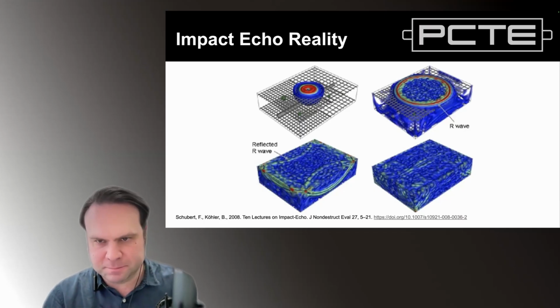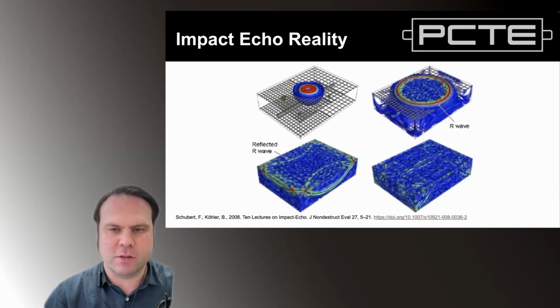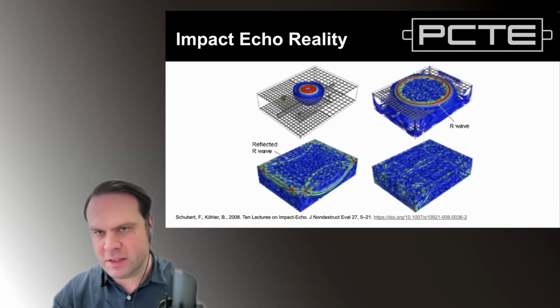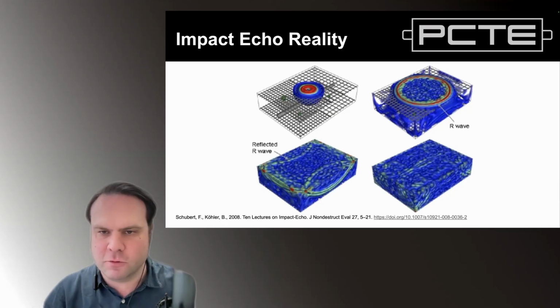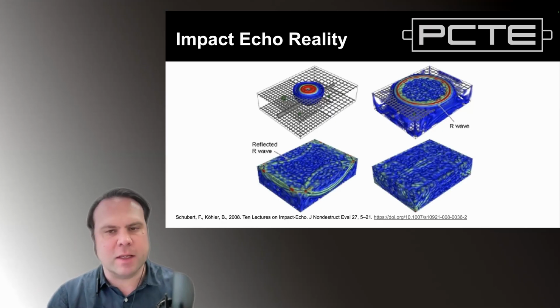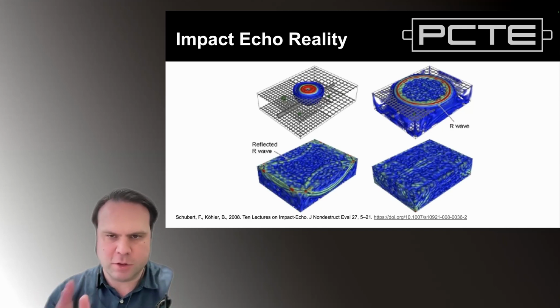So it highlights that what we're measuring is better represented by a model like this than by your simple sketch illustrations. And that if you do get a constrained geometry, you do need to be cautious of its influence on your test. As a general rule of thumb, I like to be a good 20 centimeters or so from the edge of a typical floor 250 millimeter type element or typical 250 millimeter, 150 millimeter thick wall.